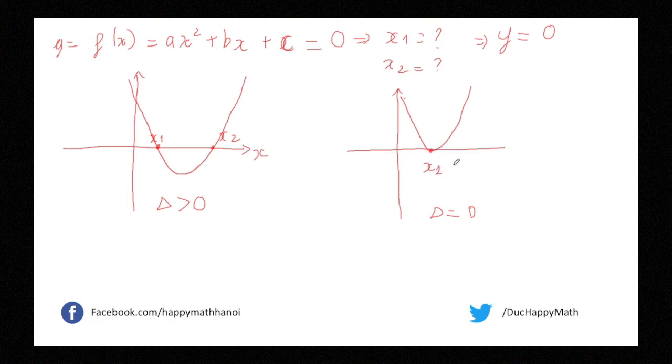We get x1 equal to x2. And in another case, when delta is less than 0, the function has no solution, and it means the parabola has no x-intercept with the x-axis.